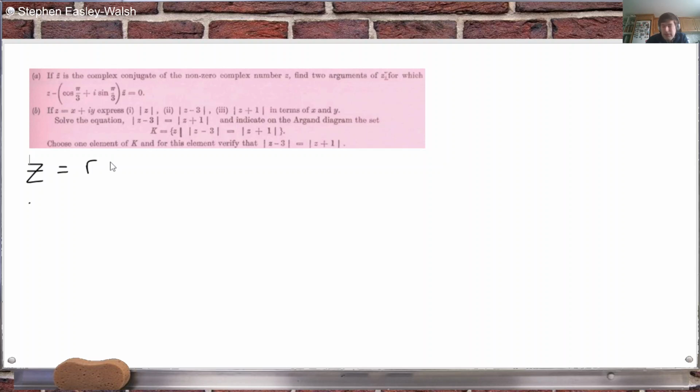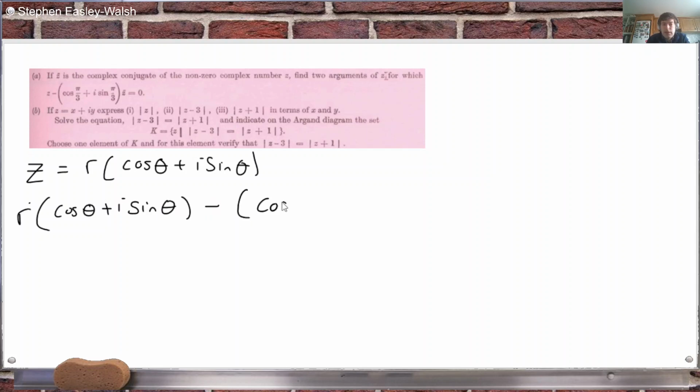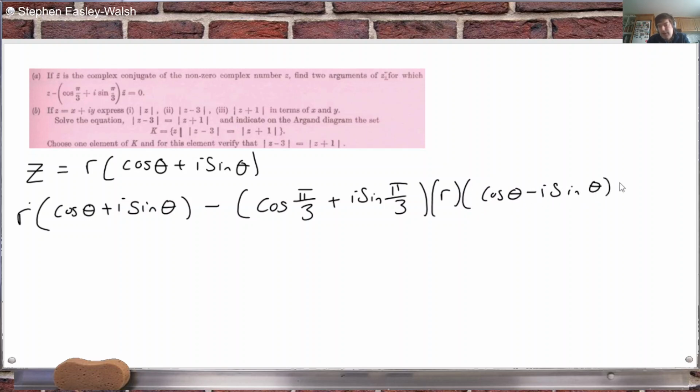Now actually, I know it's not necessary to have the r here because the equation is cos theta plus i sine theta. Because what's going to happen is you'll get r cos theta plus i sine theta minus cos pi over 3 plus i sine pi over 3 times the conjugate, which is the r again, cos theta minus i sine theta equals 0.